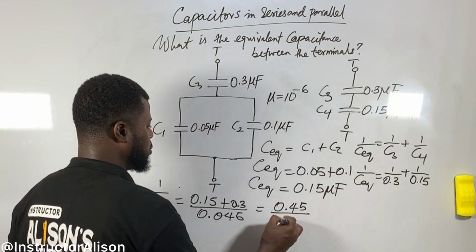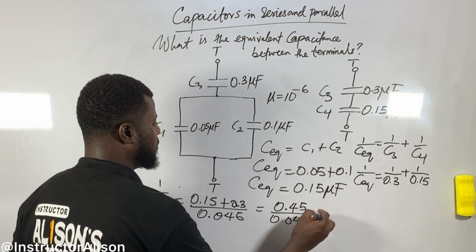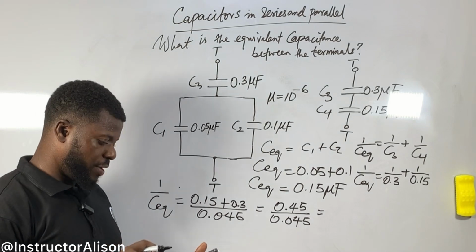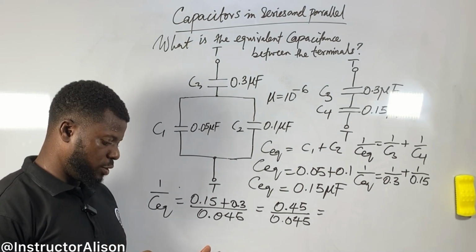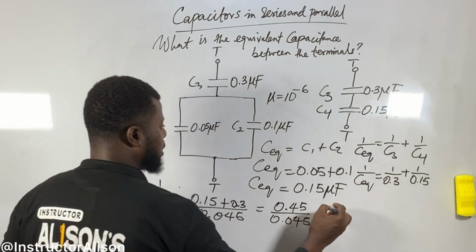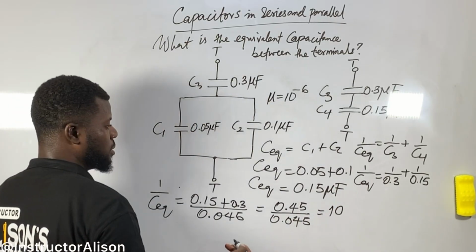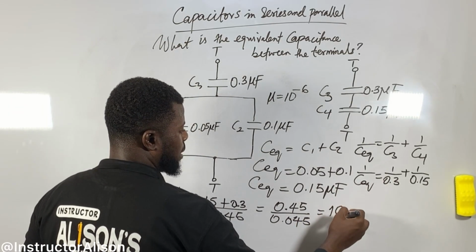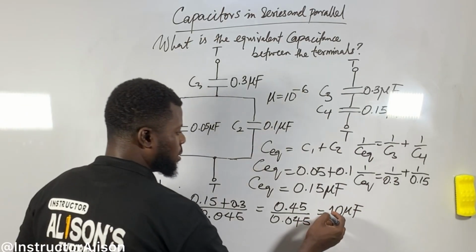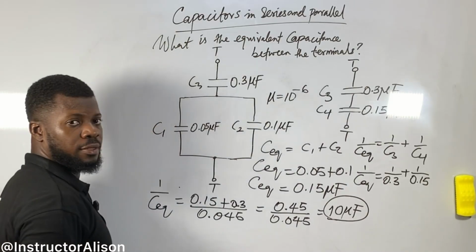Divide by 0.045. So what you go do now, you go divide them now, abi. So 0.45 divide 0.045, wetin give us na 10. The answer give me 10. 10 wetin? 10 microfarad. But we never finish. This one no be the answer.